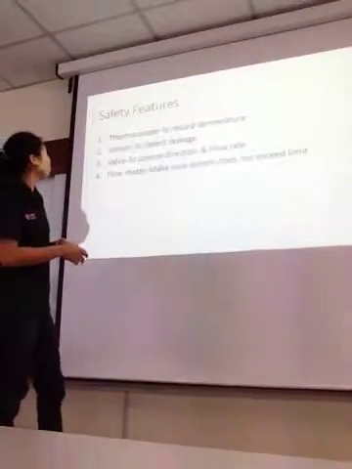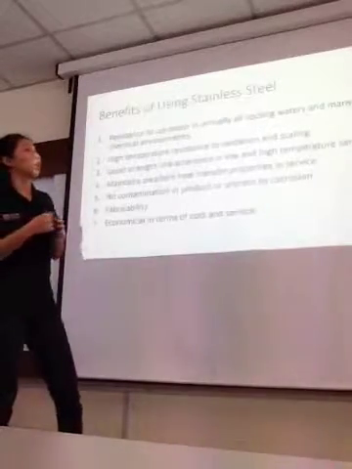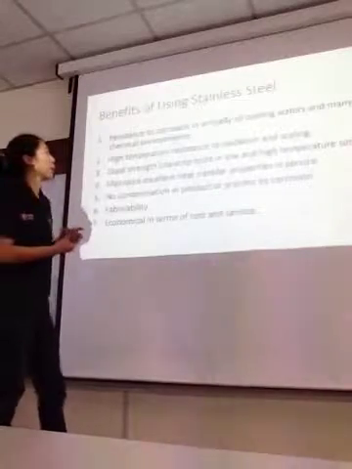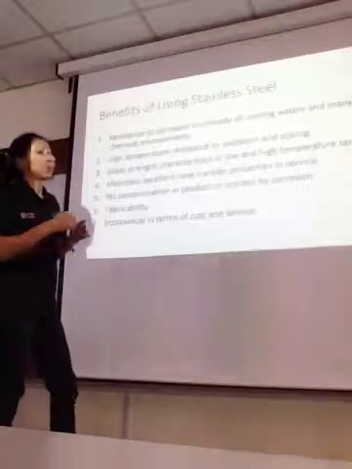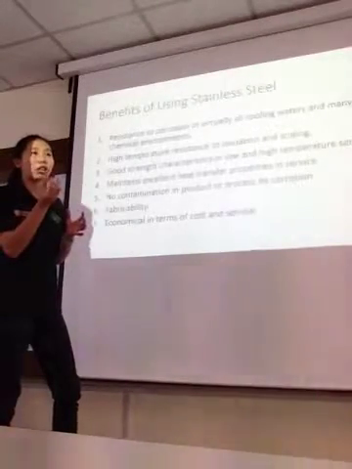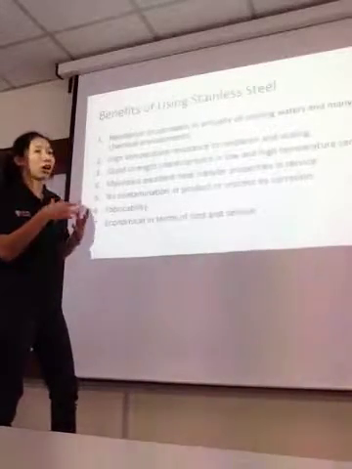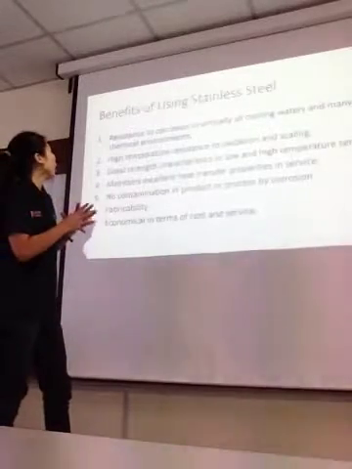And next is the benefit of using stainless steel. We chose stainless steel as our material for the double pipe heat exchanger. The first benefit is that it resists corrosion, because as we know, milk is also acidic, and water, when used for a long time, will corrode the material that carries it.